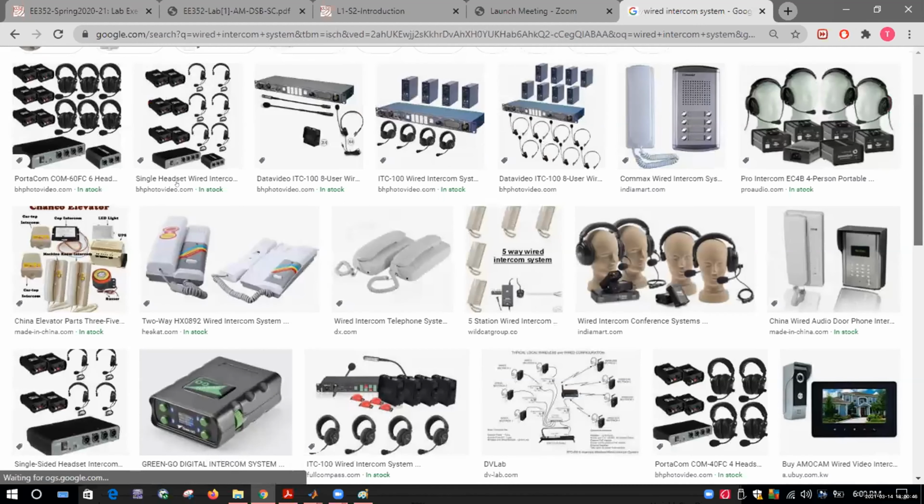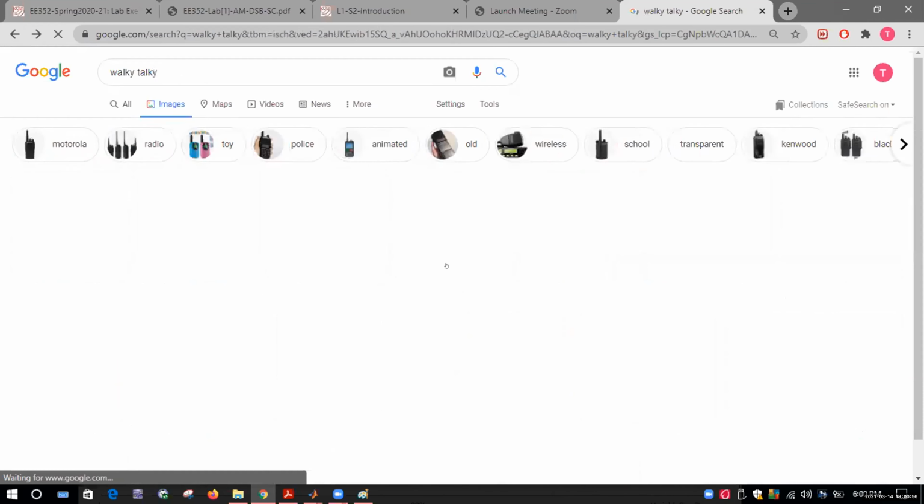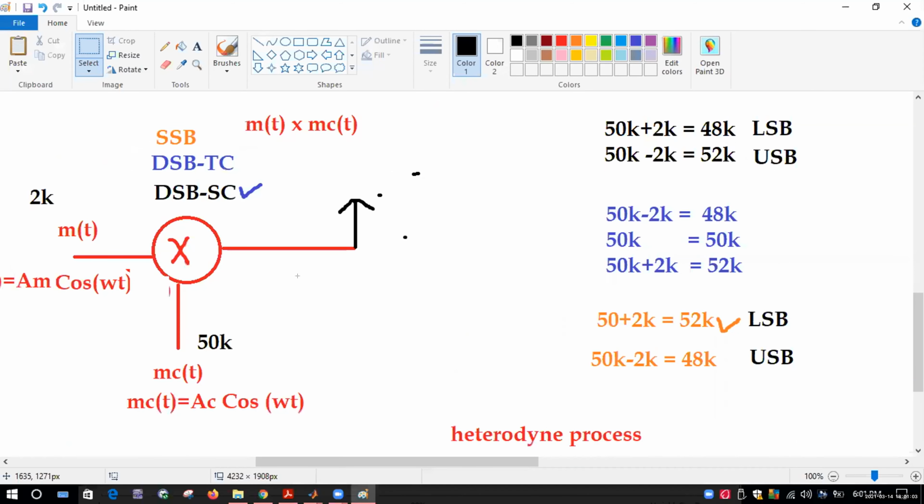It is not wireless. So this one is also used for communication, but it uses wires, whereas this one is wireless. And what we are learning right now is about wireless, how we can send out radio waves in the air with our message signal so that they go to the other country or to faraway places.